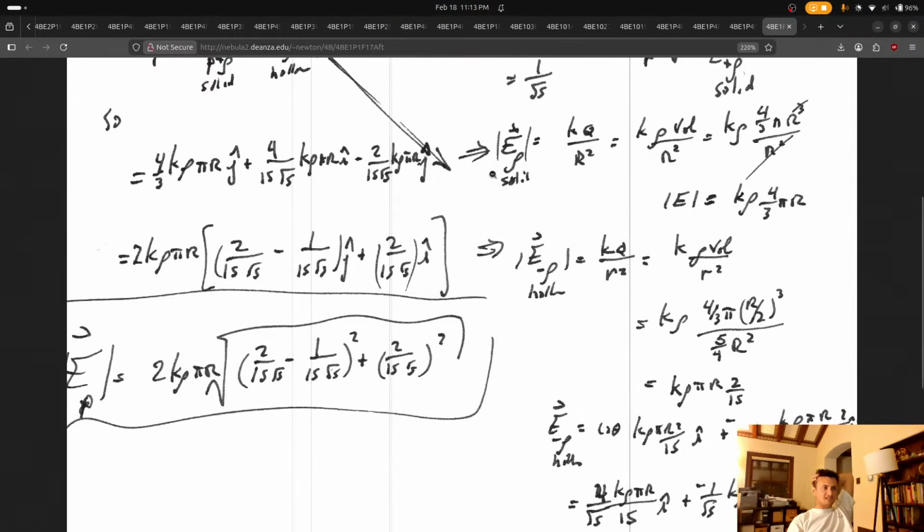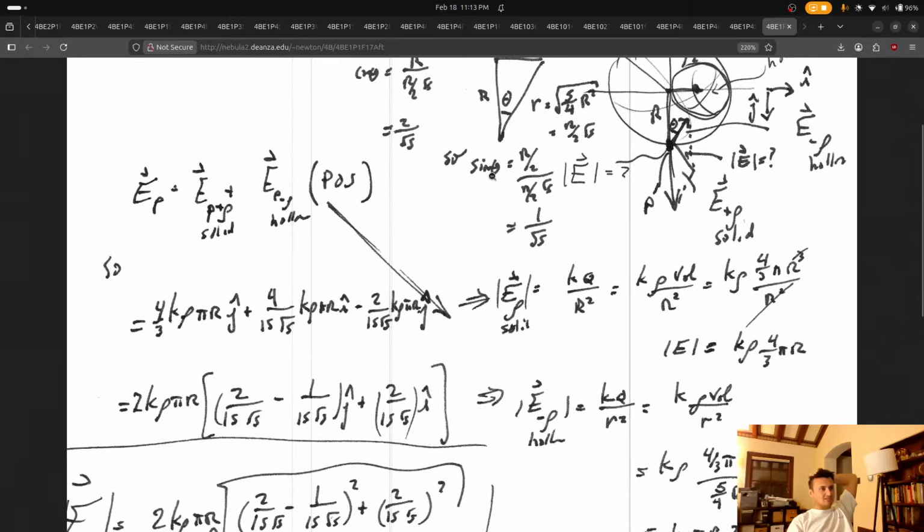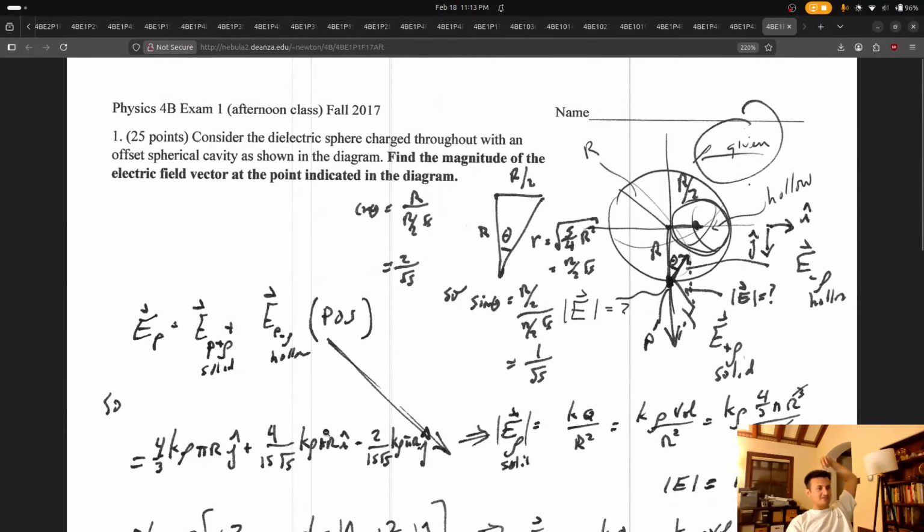Man, these ones, the algebra just sucks. I mean, look at this. Square root 5, 15. Consider the dielectric sphere charged throughout with an offset spherical cavity. Find the magnitude of the electric field vector.